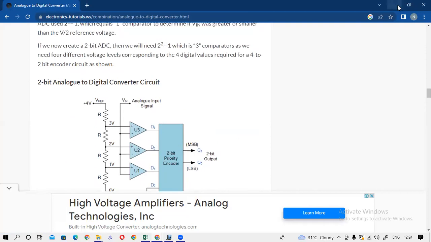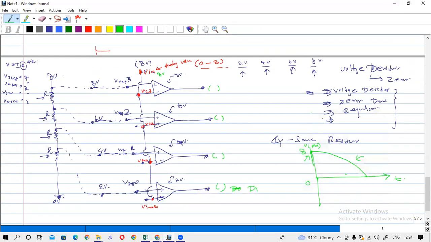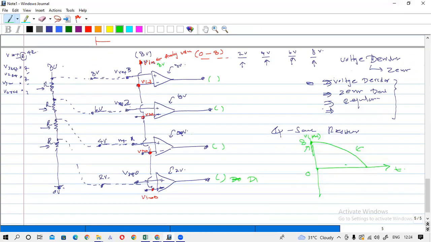Anyway, we will see. Let's say this is D0, D1, this is D2, this is D3, and this is D4. These are the comparator values.